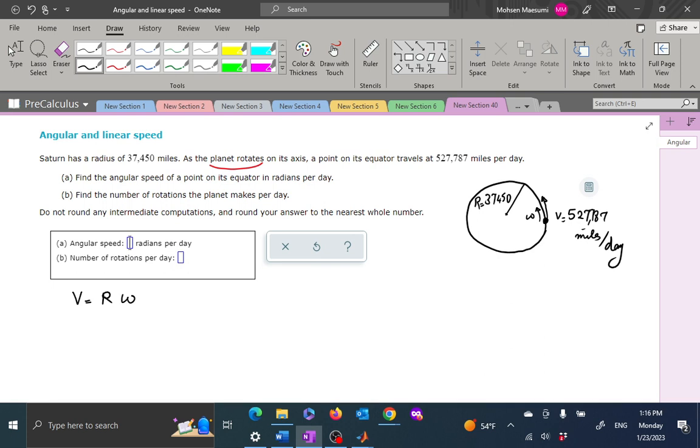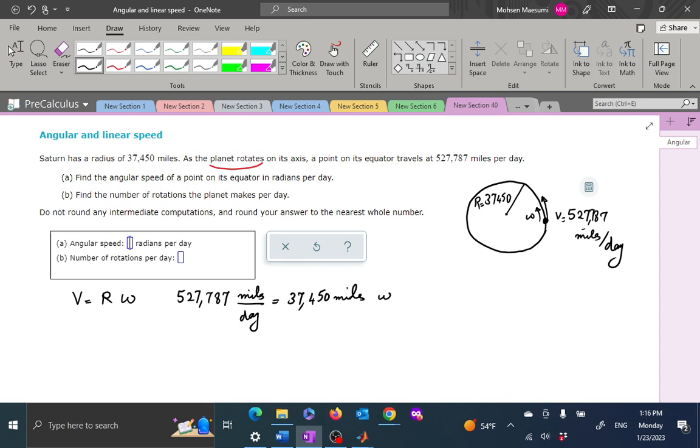So we have 527,787, that is miles per day. That has to be equal to R, which is 37,450, that's also miles, and then times omega.